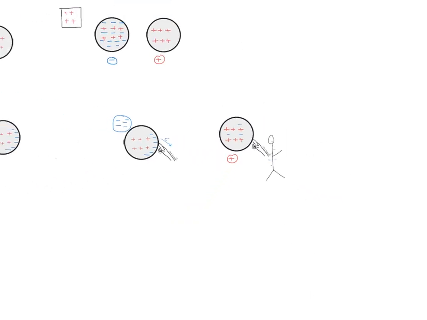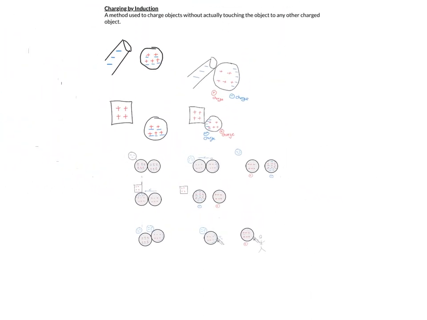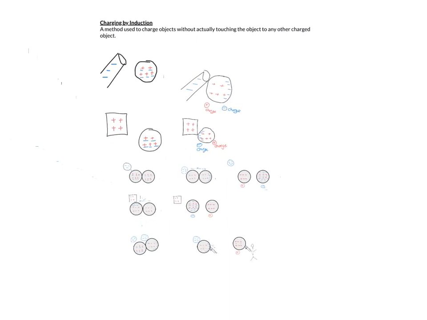So if we zoom out and take a look at our big picture over here, we had our first example, our second example, third example, fourth, and fifth, where we talked about grounding. The important thing to remember about induction is that charged objects don't ever actually touch each other.